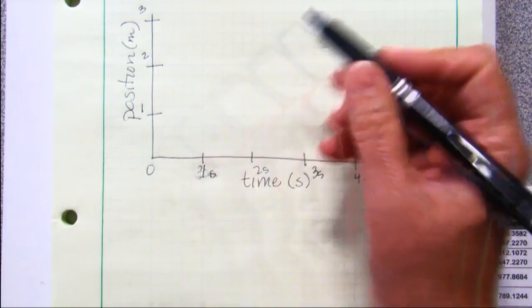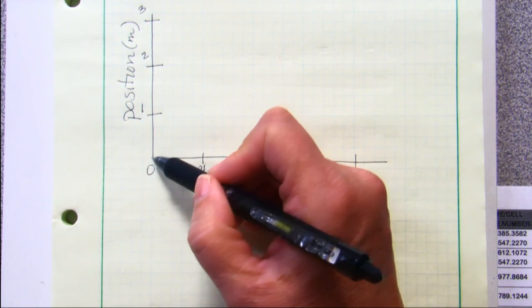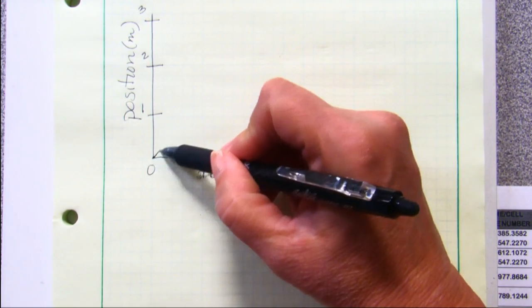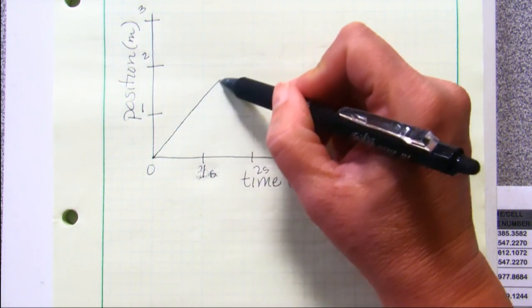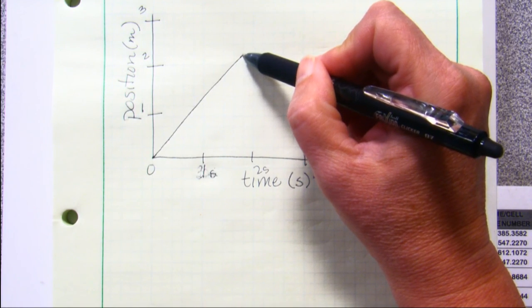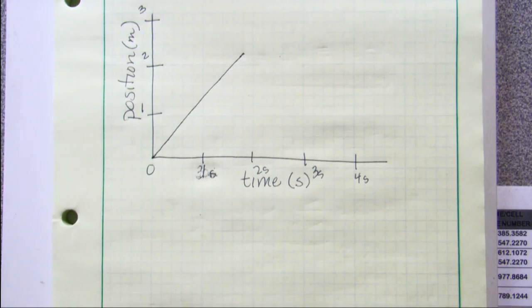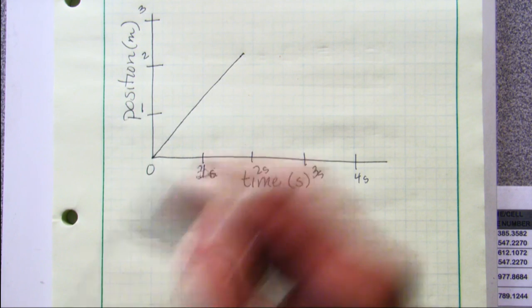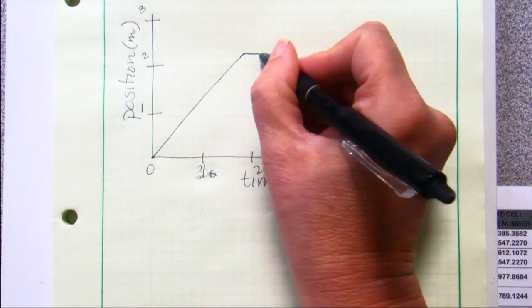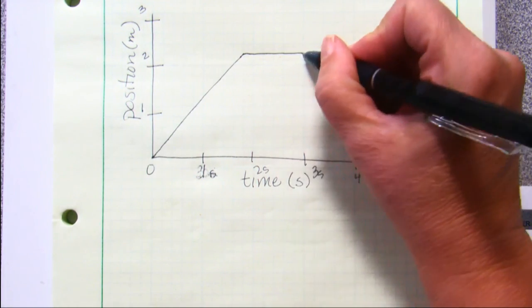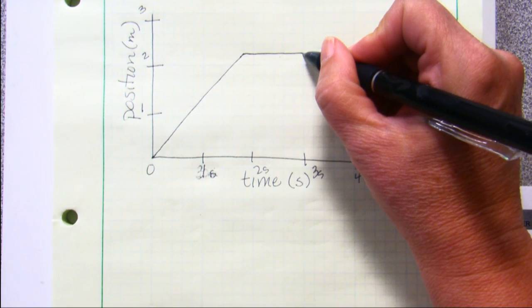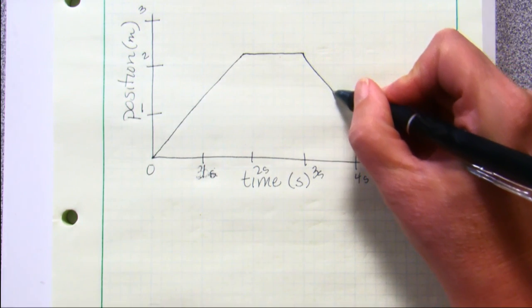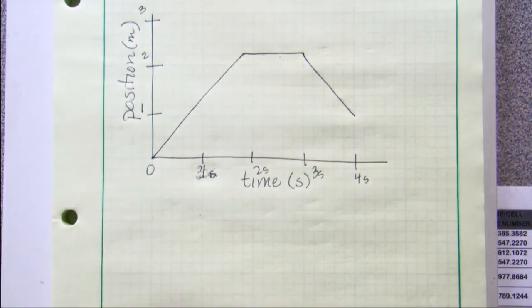So the little car is going to go from 0 to 2 meters in about 2 seconds. Then it's going to stop. And we're going to let it sit there. And then we're going to have the car move only 1 meter back towards there.